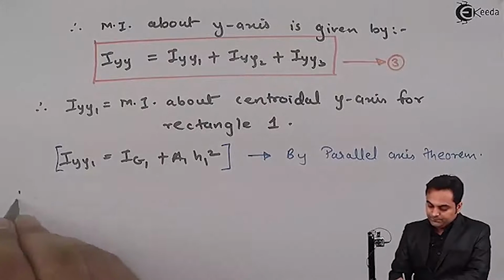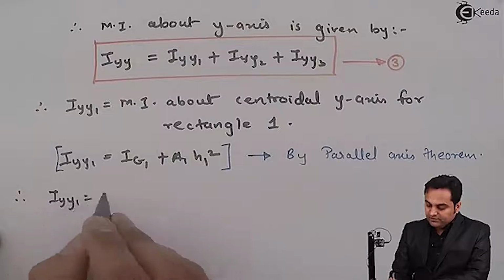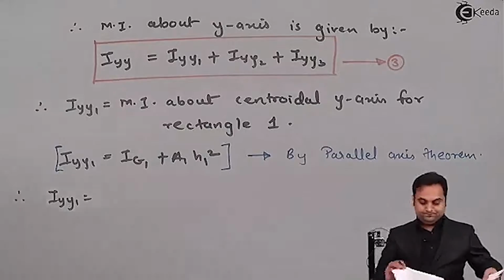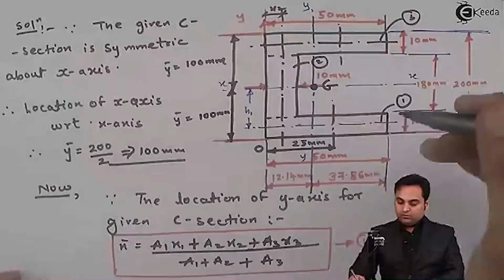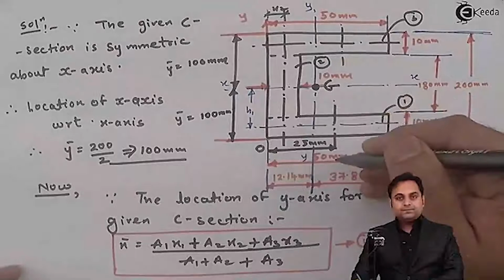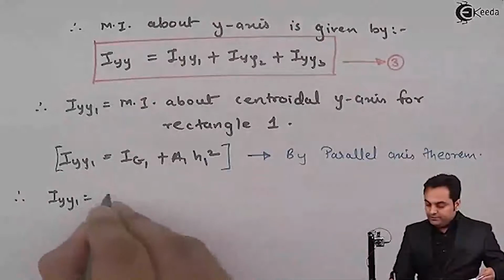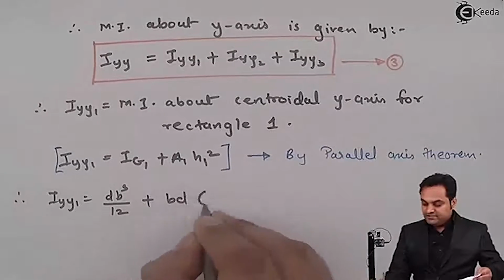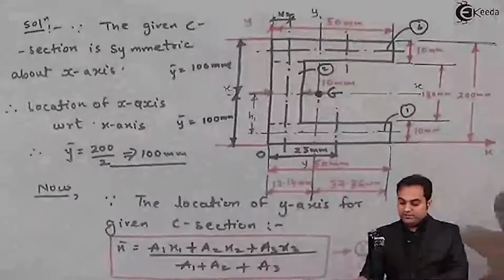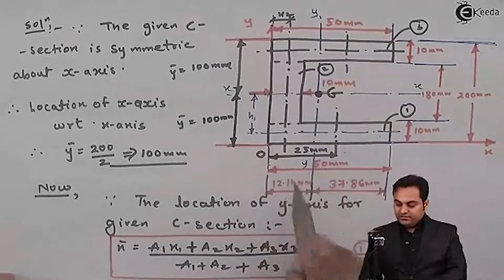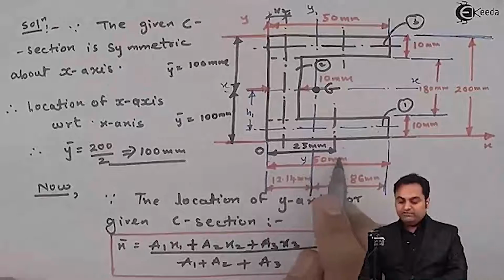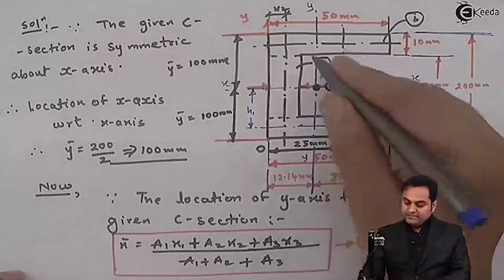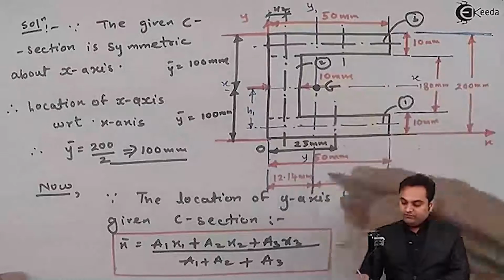So therefore Iyy1 will be Ig1, the MI for rectangle number 1 about its y-axis, and that will be db cube by 12, the formula for a rectangle about the y-axis. Area is b into d. Now h1, I can directly say, is 25 minus 12.14, because at 25 the y-axis of rectangle 1 is located and the y-axis for the complete section is at 12.14.